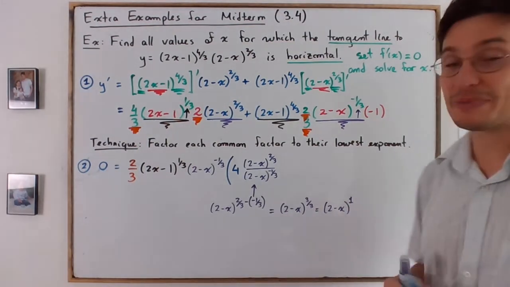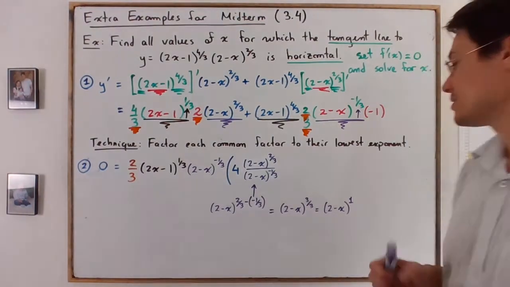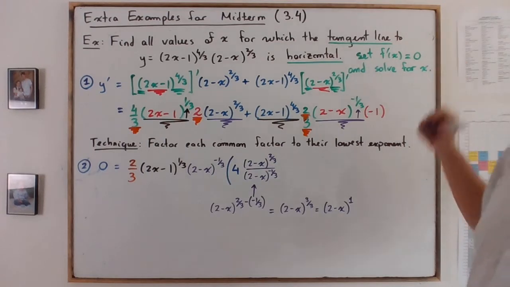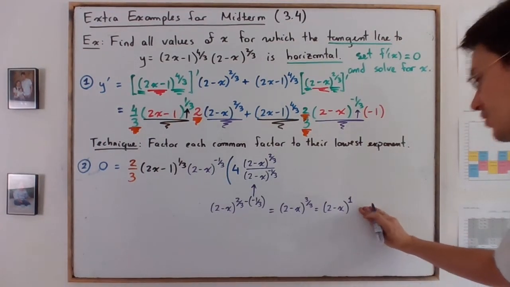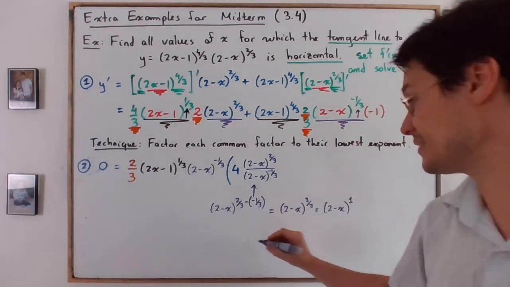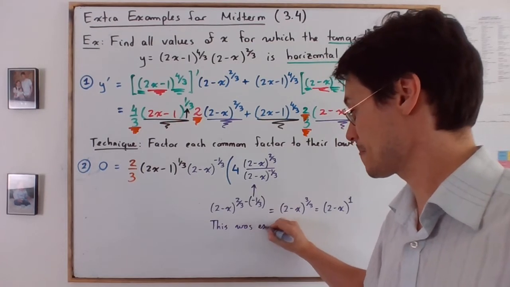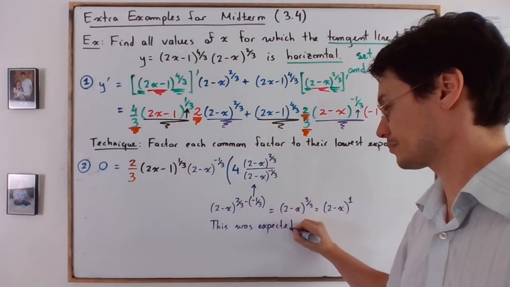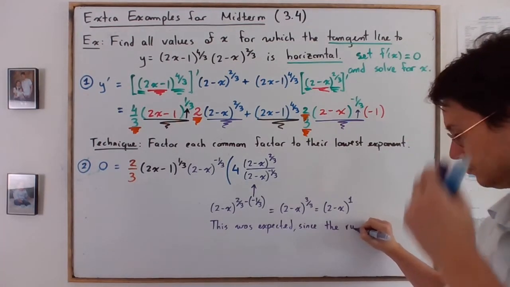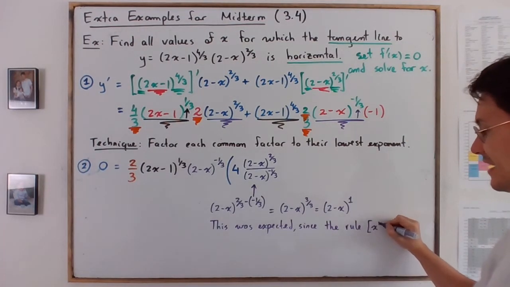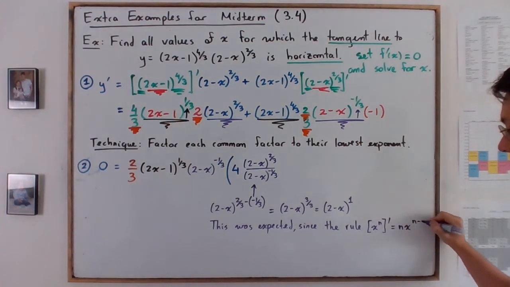The reason for that is because we know how the power rule operates. So the power rule, remember. Actually, let's write it down underneath. This was expected since the rule x to the n prime is n times x to the power of n minus 1.